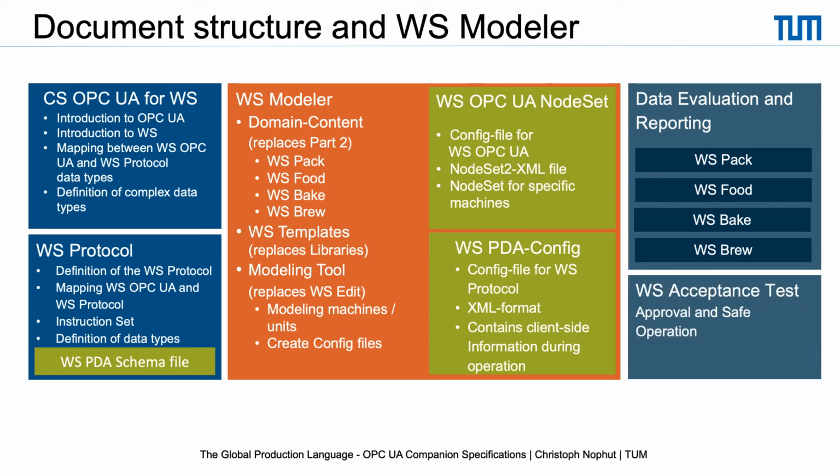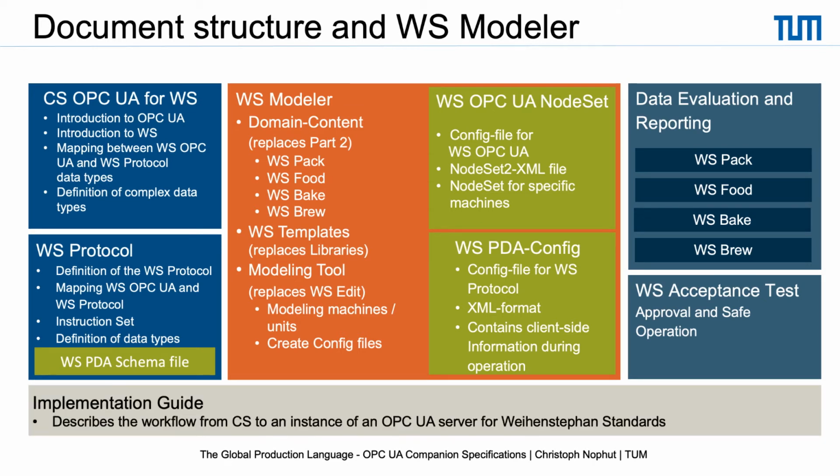We also have a document, the WS acceptance test. What we are writing on is an implementation guide, so it describes the workflow from your idea to a running server with the information model of the Weihenstephaner Standards.